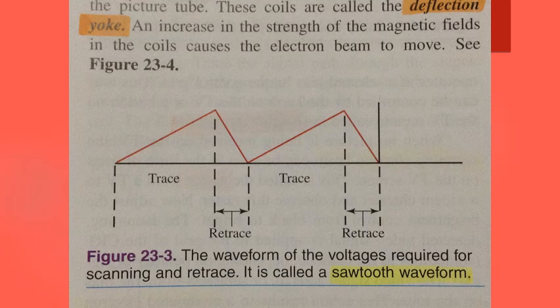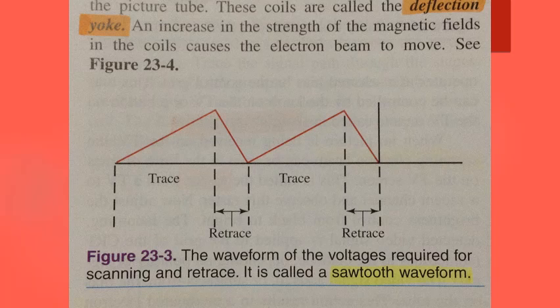Therefore, the picture must be blank or must be black during this retrace time. Also, when the beam reaches the bottom of the picture, the beam must be returned to the top to scan again. The picture must also be black during vertical retrace, or trace lines would be visible.